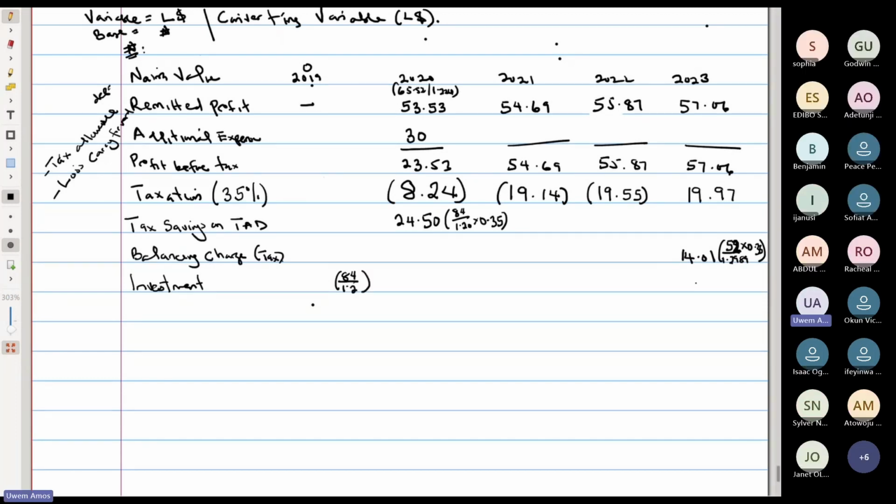And this would be 52 divided by the exchange rate, which is clearly here, 1.2989. Okay.